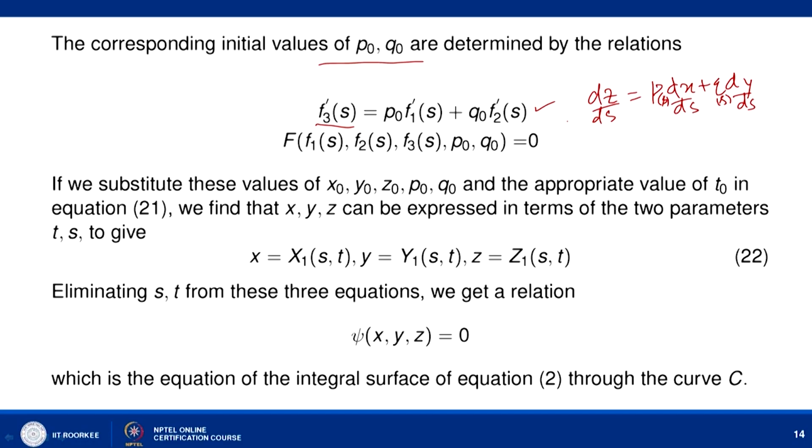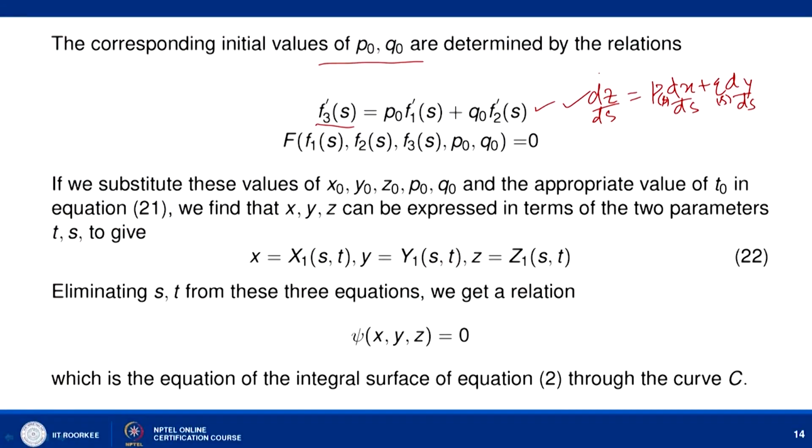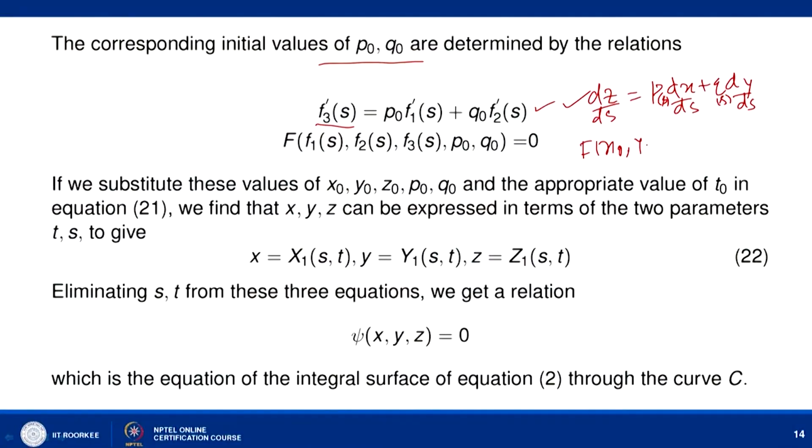Also, because we want to find p naught and q naught, we need two relations. One relation is obtained from this, that the tangent dr is perpendicular to the normal vector, and another one is that these elements will satisfy the partial differential equation, that is, F(x, y, z, p, q) equal to 0. So, F(f1(s), f2(s), f3(s), p naught, q naught) is equal to 0.